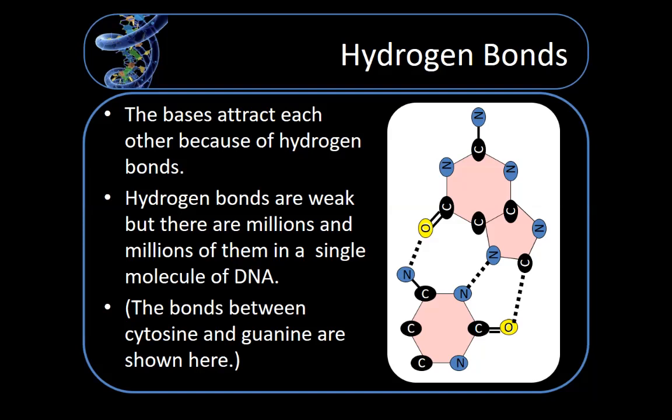And you have to break this thing apart every time you want to make a copy. Anytime you're making a copy for protein synthesis, anytime you're making a copy to replicate the cell. So you have to be able to break this molecule apart and put it back together pretty easily. And for that reason, we use hydrogen bonds so that we can do this, but because there are millions of them, it's still a very stable molecule.